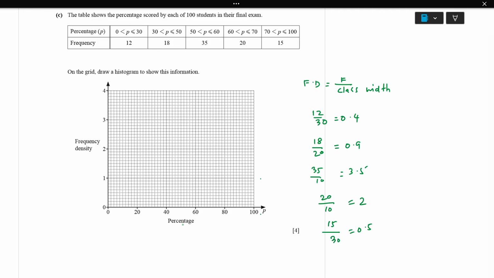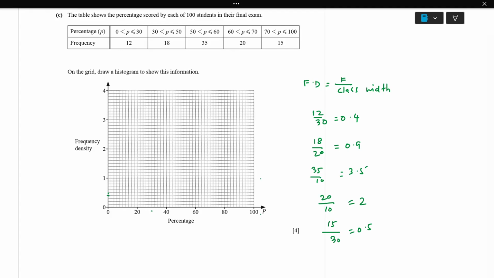Now we go for the first one, 0 to 30, the 0.4. So 0.4 is here, which is 0 to 30.